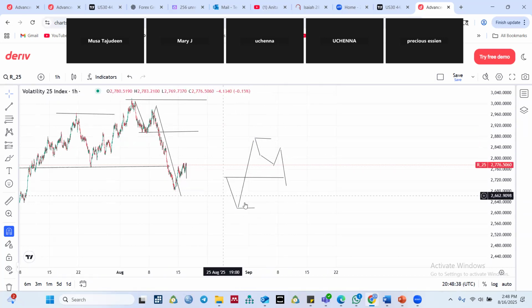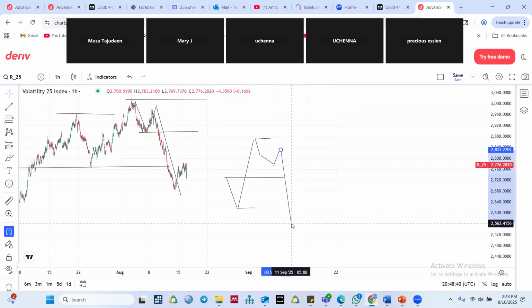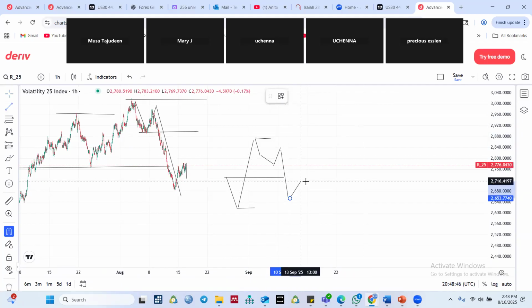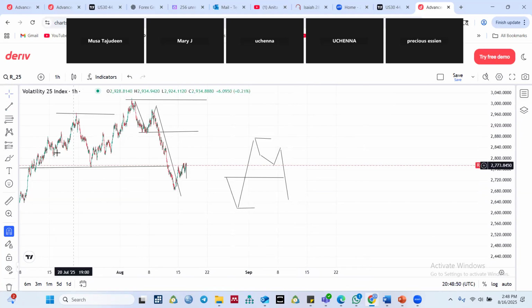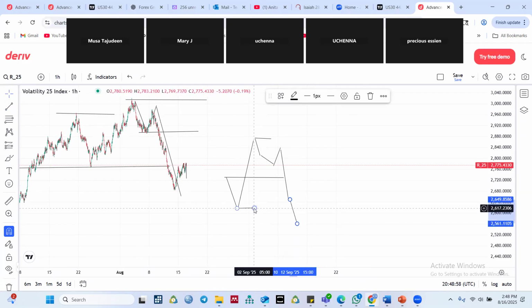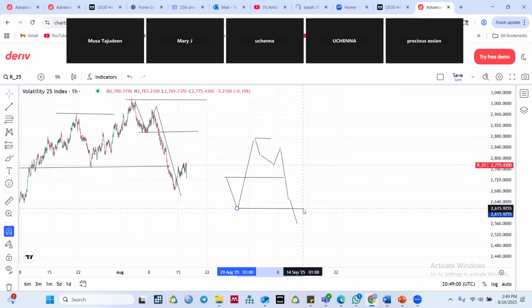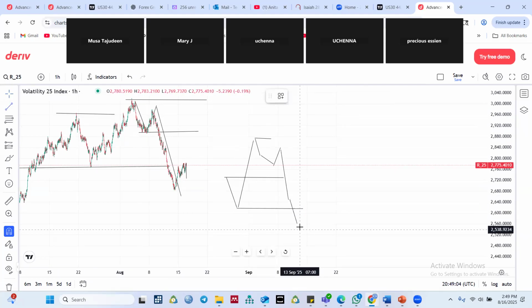But the moment price trades down and enters into the discount zone where we should have been buying, and then it failed and took out the 100%, the moment that happened, at this point is where we have the change of character.